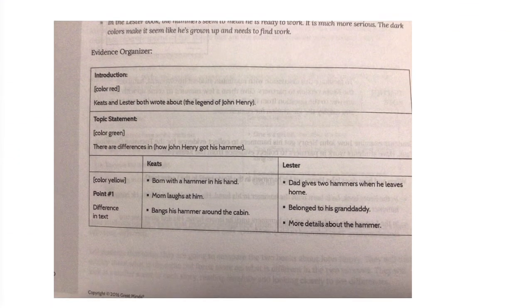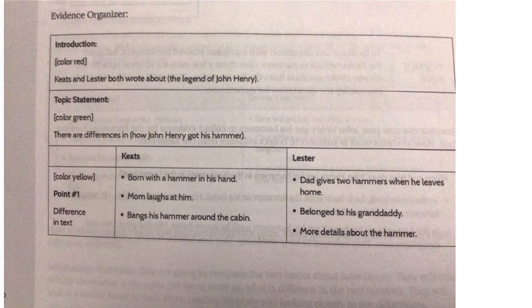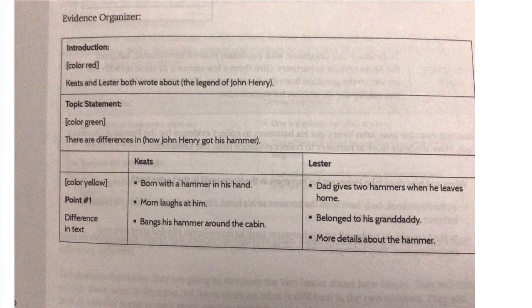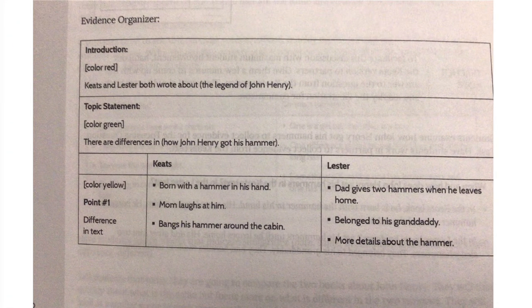We are going to look at our sentences from our evidence organizer, and this is why you needed your notebook. We are actually going to write a sentence, or two, or three, in your response section of your notebook using a conjunction. So we are going to use this section here.